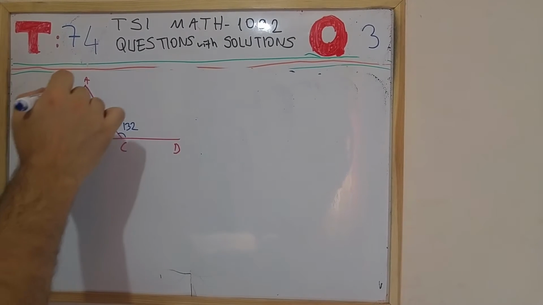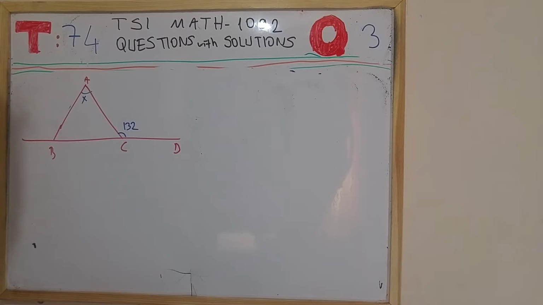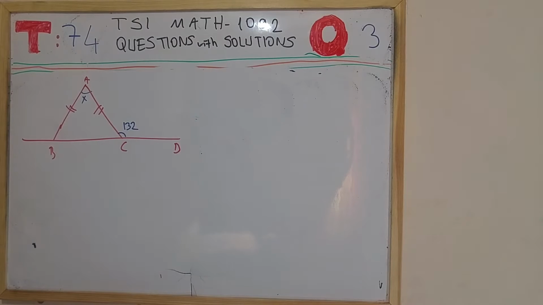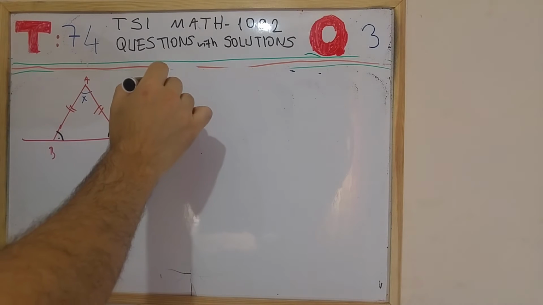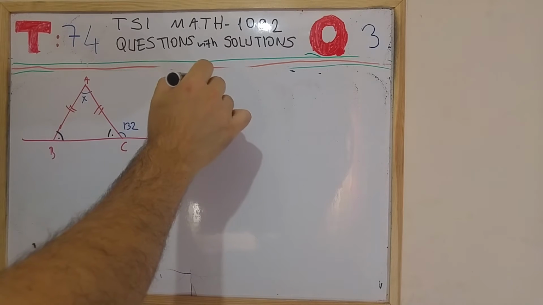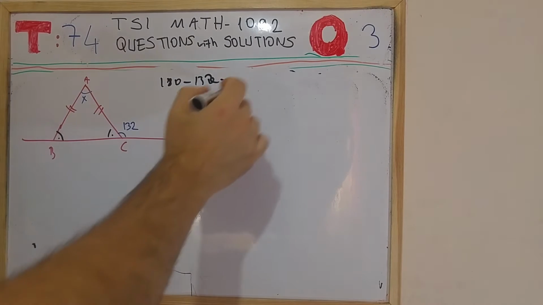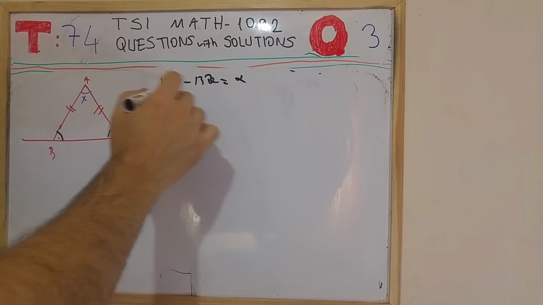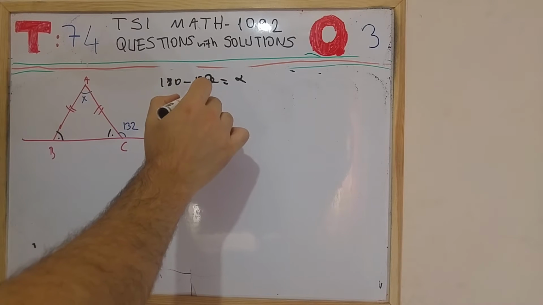They're asking for the angle at the top, let's call it x. And these two sides are equal to each other, which means that this angle inside here must be equal to this angle. So 180 minus 132 is equal to this angle, say alpha, and alpha is equal to 48 degrees.